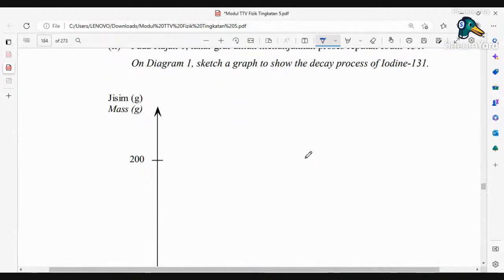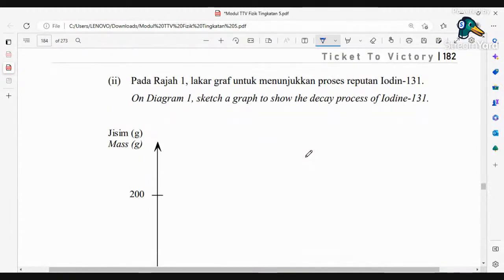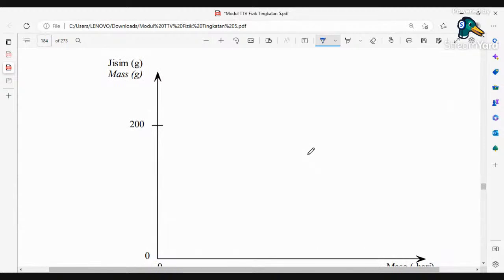On Diagram 1, sketch graph to show decay process of iodine-131. Okay, from 200 become 100. Okay, 100 become 50. 50 become 25.